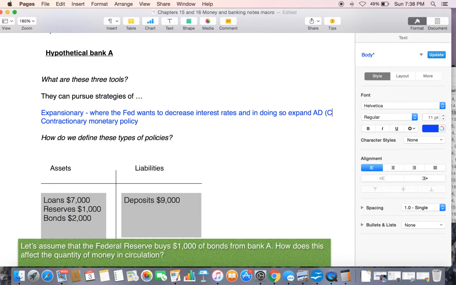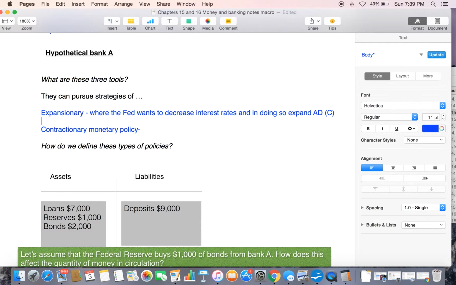And they're going to do this primarily through consumption. In contractionary monetary policy, so with expansionary monetary policy, what we're essentially concerned about is low economic growth.